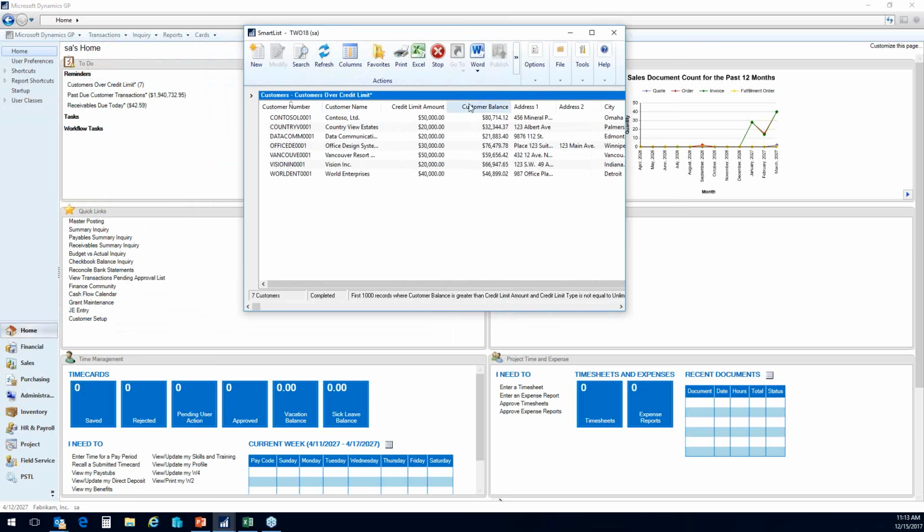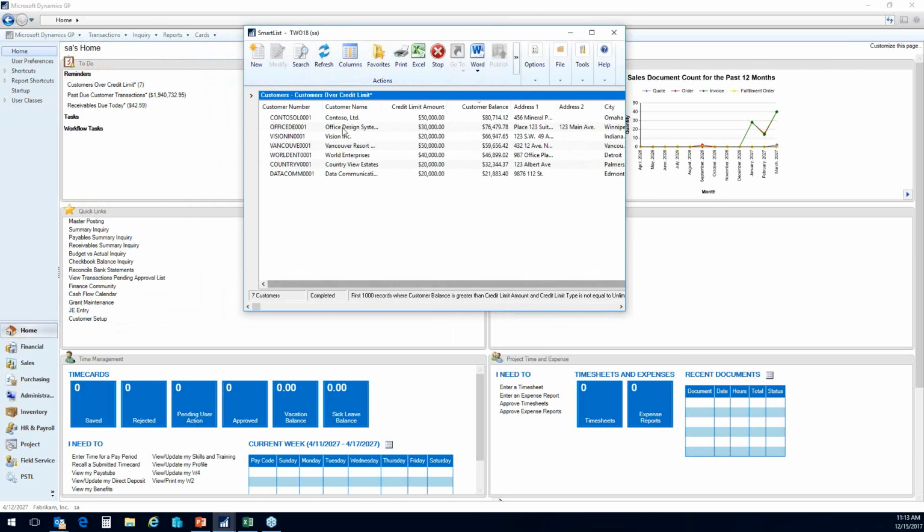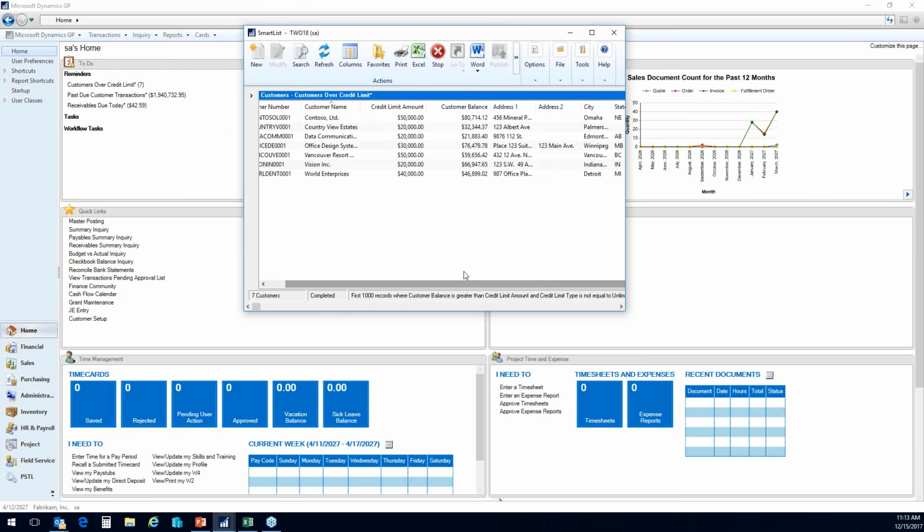I have the Excel functionality, and so I can click on any column and sort any of this data. You can imagine in the real world, you might have more than just a handful of customers here. And so I have a chance to review the information. I might want to make some changes to it, but I can highlight any of these records, and then I can drill down into the system to where I might want to end up.